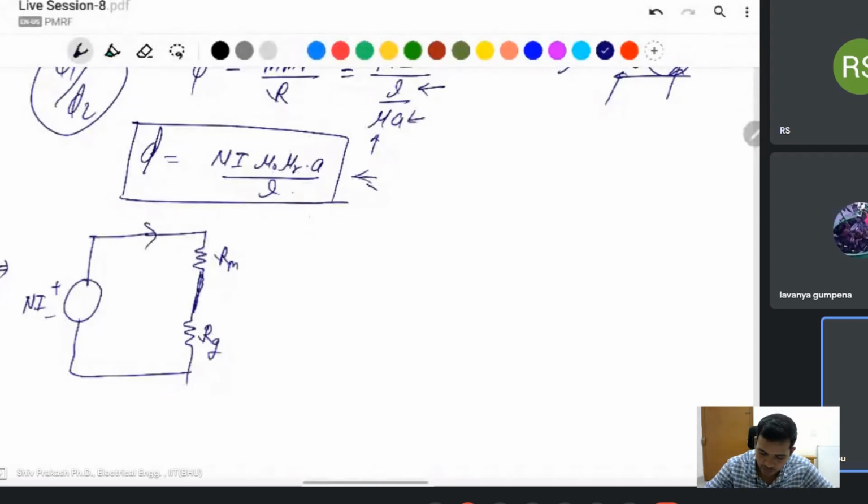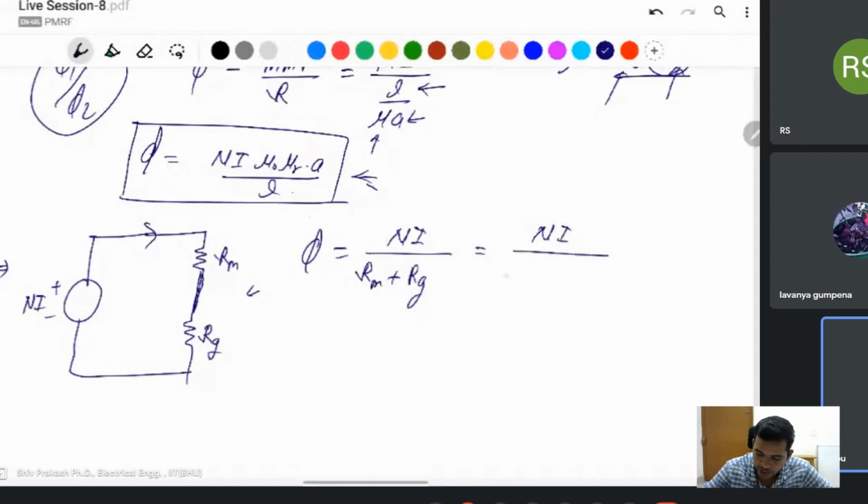Then you can find the total flux. Total flux is total MMF divided by total reluctance. Total MMF is Ni divided by the reluctance, which is Rm plus the air gap reluctance.